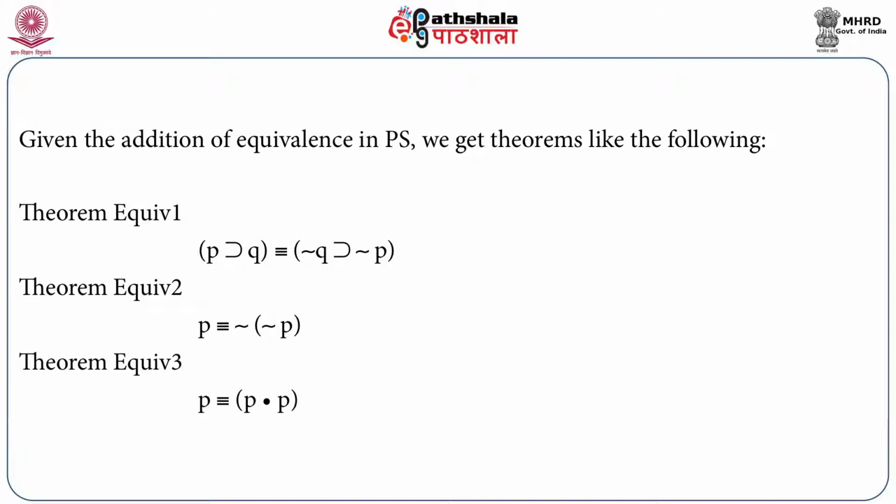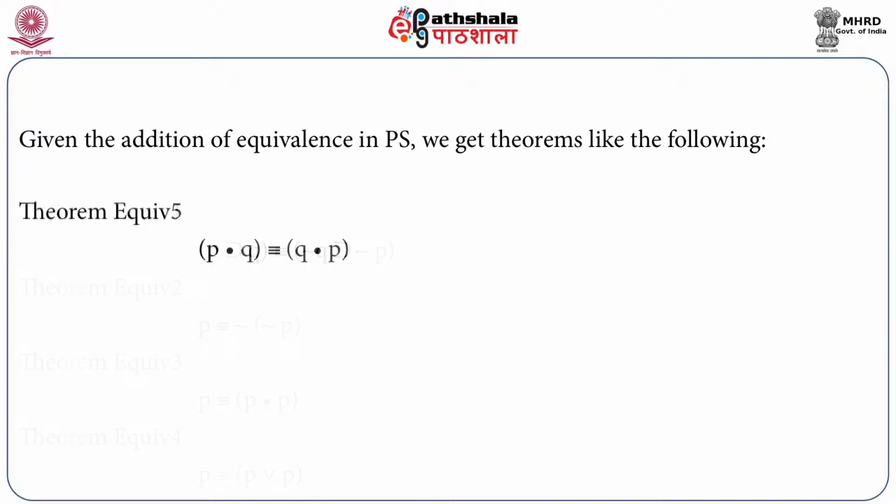P materially equivalent to P and P. Theorem number 4. P materially equivalent to P or P. Theorem equivalence 5, P and Q equivalent to Q and P. Theorem equivalence 6, P or Q equivalent to Q or P.